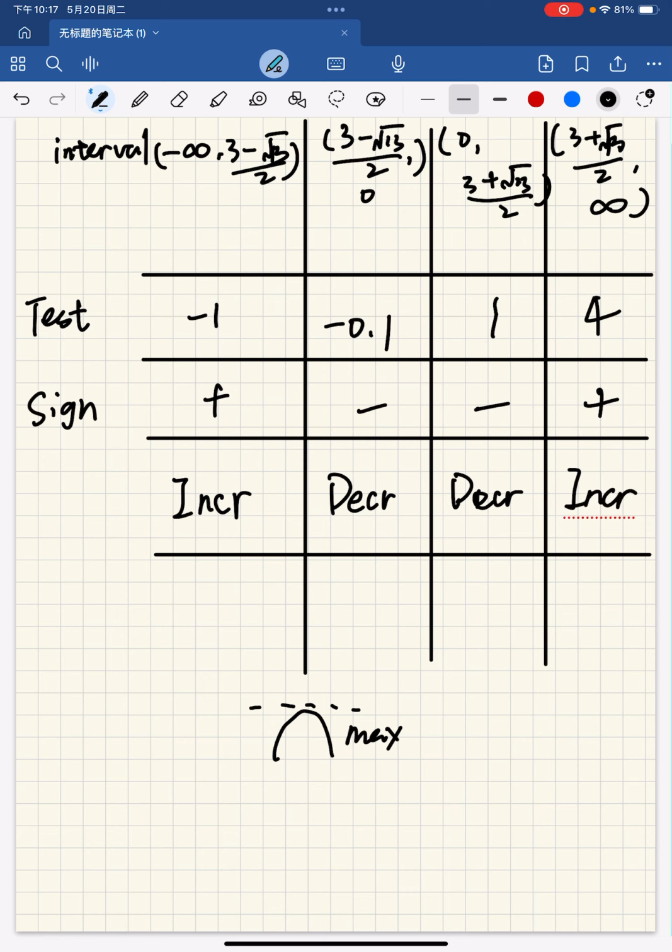On the rest of the two parts, the graph first has a negative sign, then turns into a positive sign. So it decreases at first, then increases. So the graph looks like this, which is concave up. So it will have a local minimum value.